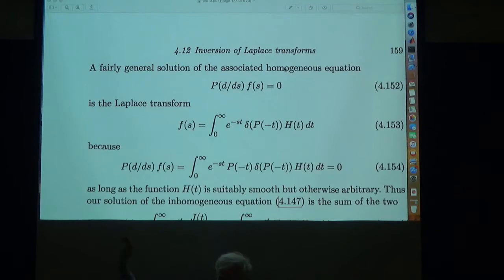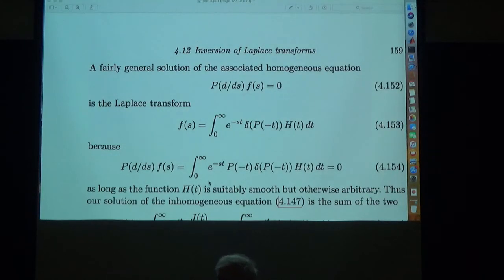Homogeneous just means nothing on the right-hand side. And so one way of writing that is to say it's a Laplace transform of something arbitrary times a delta function, delta of p of minus t. And why does this work? Because if you hit this with p of d by ds, that pulls down p of minus t. P of minus t times delta of p of minus t is 0. So the integral of that with h is 0 unless h is some crazily singular function.